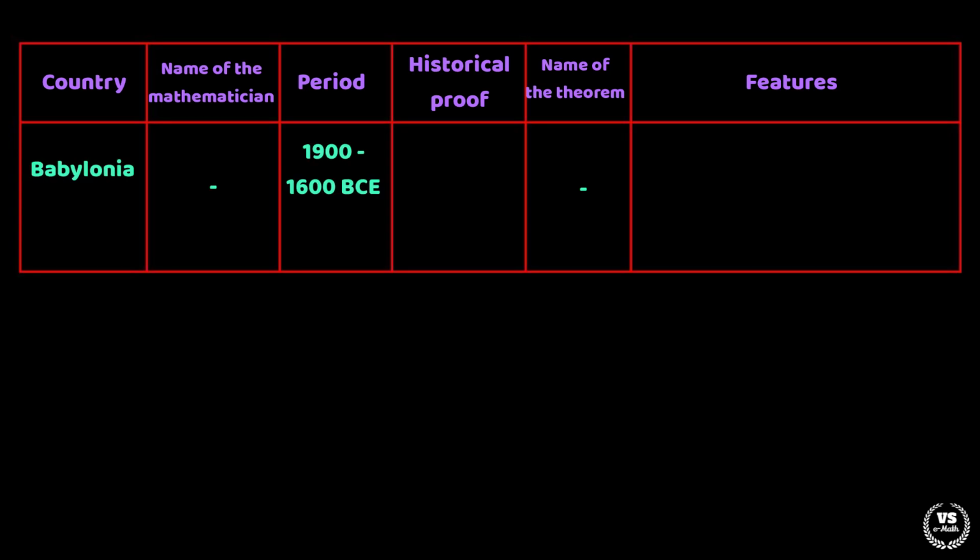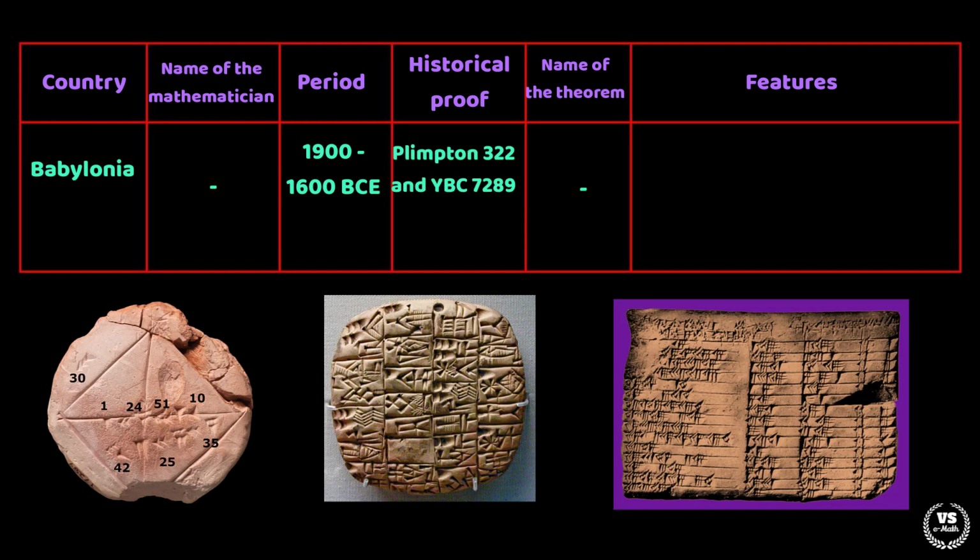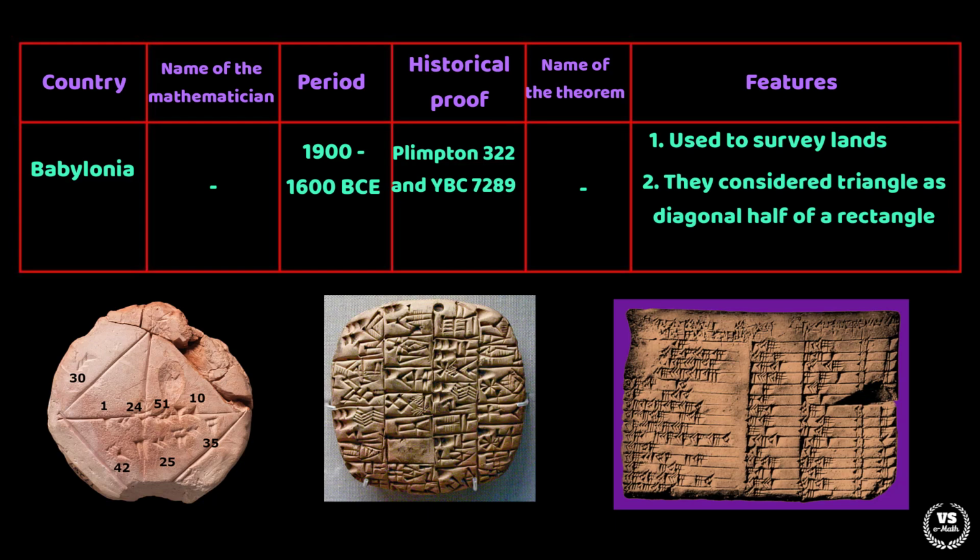These are the images of Plimpton 322 from Babylonia. Babylonia was often affected by floods, and once floods were over, the surveyors had to measure the land once again. Here, they are said to have used these right triangles.